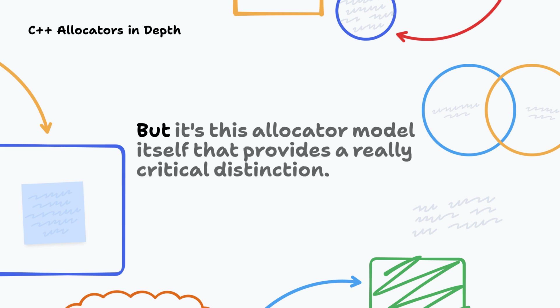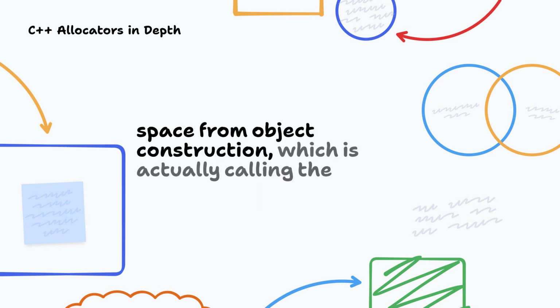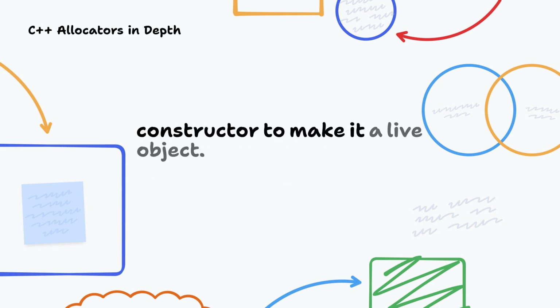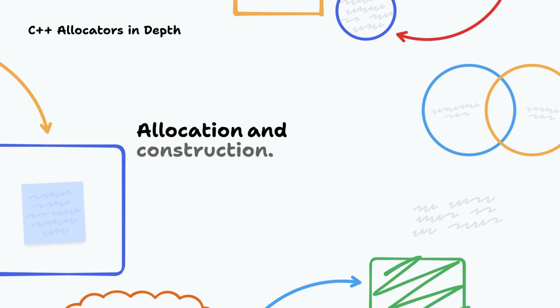Pretty much, yeah. But it's this allocator model itself that provides a really critical distinction. It separates memory allocation, which is just getting the raw, uninitialized space, from object construction, which is actually calling the constructor to make it a live object. Oh, interesting. So when I write new MyObject, I'm doing both things at once, allocation and construction. Right.